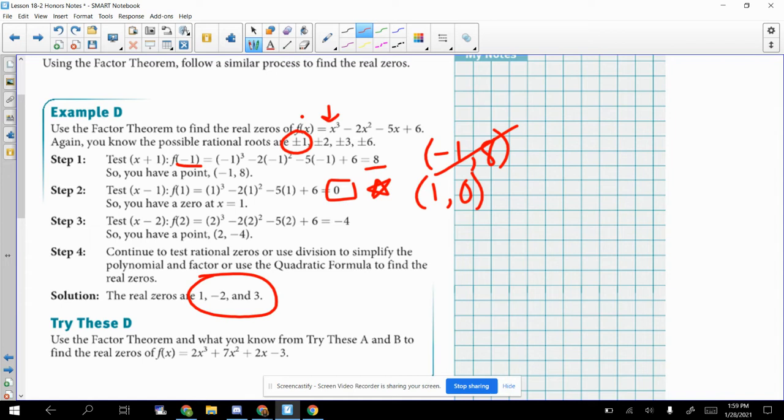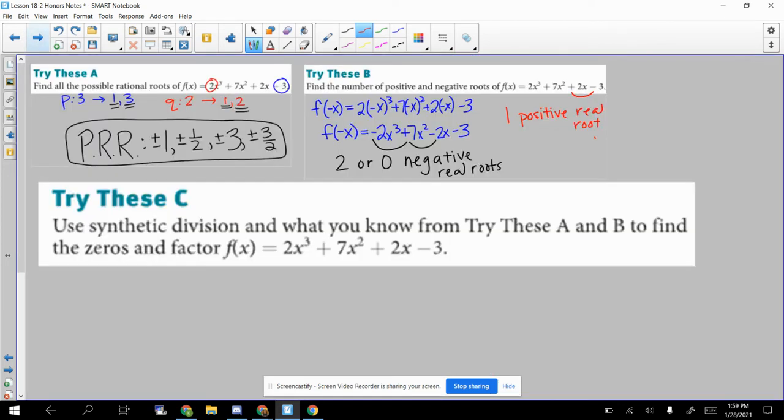We are going to do the same problem we did in the last video, but we are going to do it with both the remainder theorem and the factor theorem. So remember from the last video that we did Try These A, where we found all the possible rational roots. So I put that here.